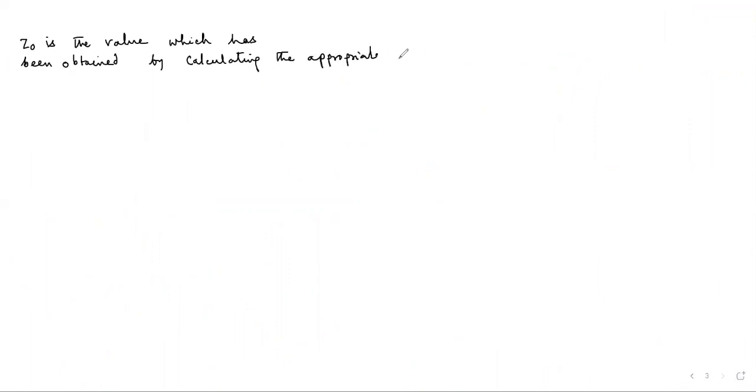Z naught is the value which has been obtained by calculating the appropriate test statistic, and the function phi z is nothing but a notation for the probability that the random variable capital Z is less than or equal to small z.